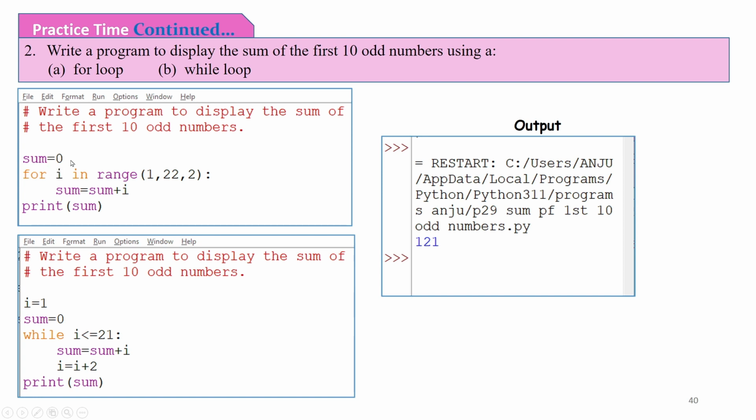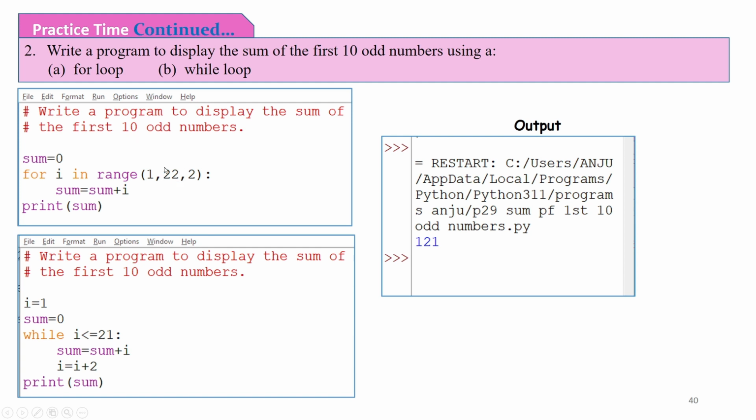So here sum equals 0, in which I will be adding all the numbers. I in range 1, the first value will be 1, and I have given the step value as 2 because it was odd numbers. I need the first 10 numbers, so I have taken double the 10 for odd numbers.